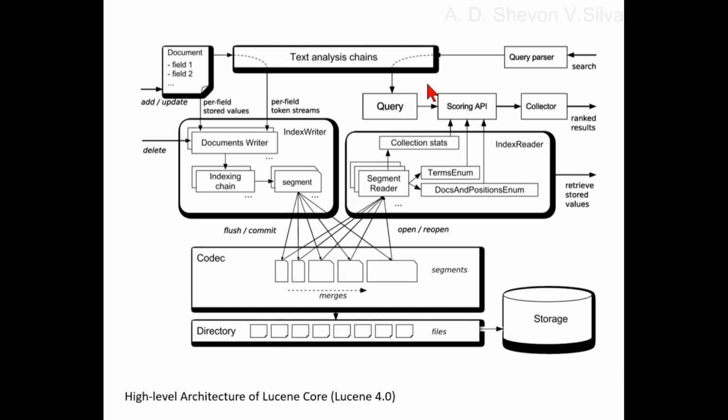With regard to finite state automata, Lucene 4.0 requires significantly less main memory than previous releases. The in-memory portion of the inverted index is implemented with the new finite state transducer FST package.